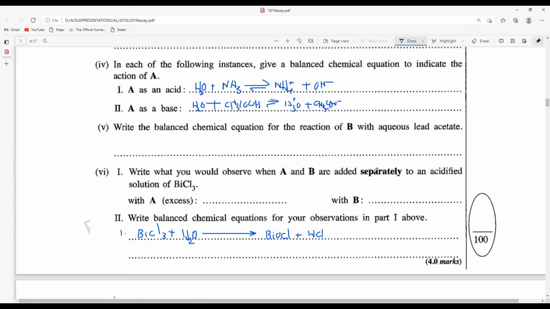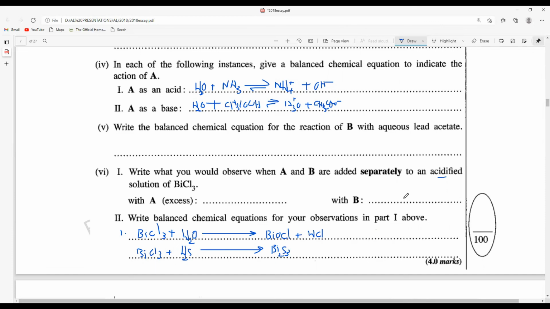And the second, the observation here is forming a white color precipitate, right? So that is one. The second thing is you are going to add H2S to BiCl3. So don't forget, here they are given acidified. Then you add H2S. So what is going to form? So Bi2S3. So if you remember, this is a group 2 precipitate. So this is a black color group 2 precipitate.